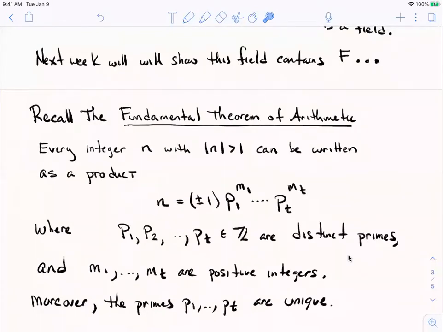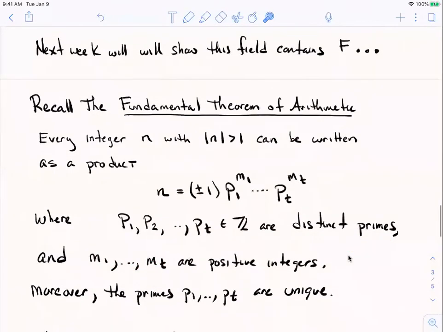So take an integer that's not 0 and it's not a unit. You can always write it as a unit, plus or -1, times this product, p1 to the m1 and so on, where the pi's are prime integers and they're distinct, and the m's are positive integers. It's called the prime factorization of the integer n.